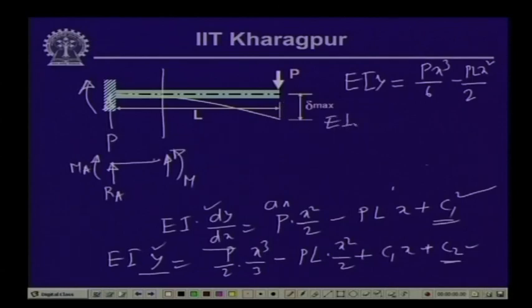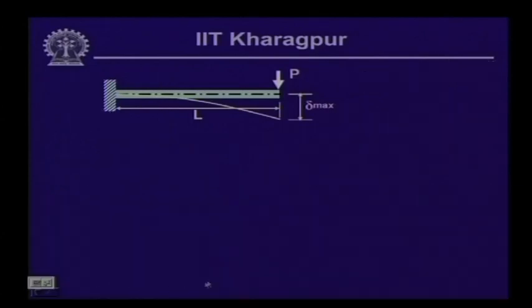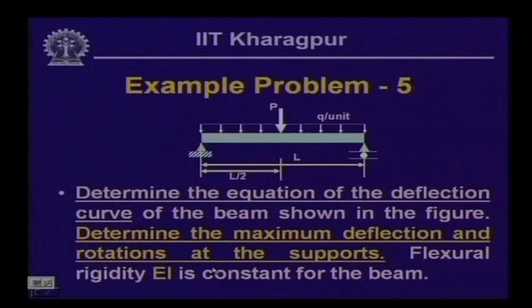So, E I y is equal to P L cube by 6 minus P L cube by 2. So, this gives us minus P L cube by 3. So, P L cube by 3 E I is the displacement, and we can compute the value of dy/dx, substituting the value of L, to get the value of the rotation at the end. So, this is how we compute the value of the deflection and the rotation.